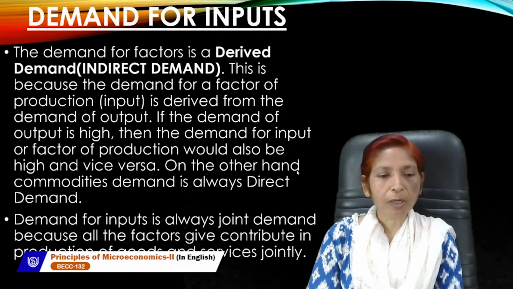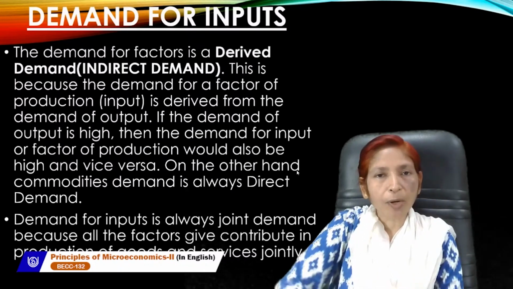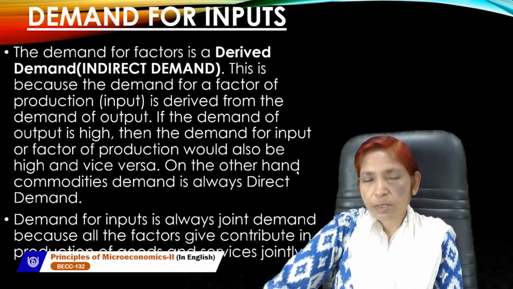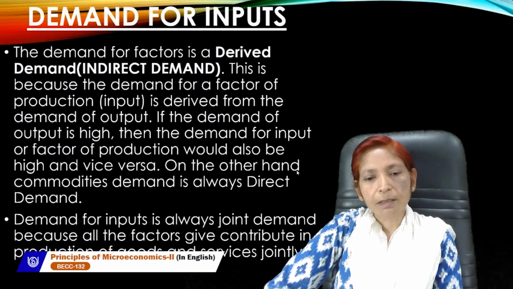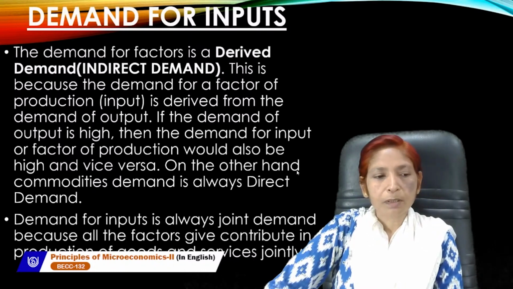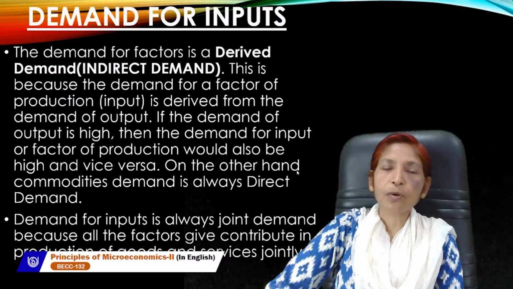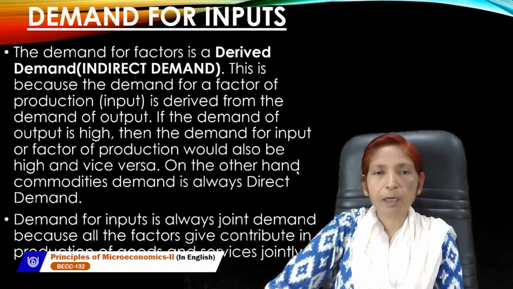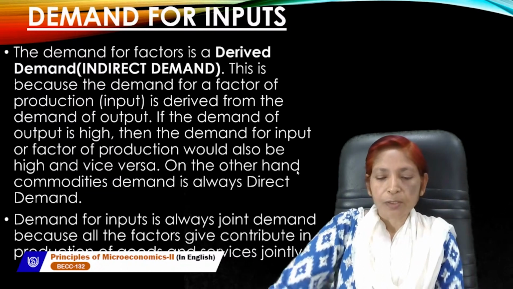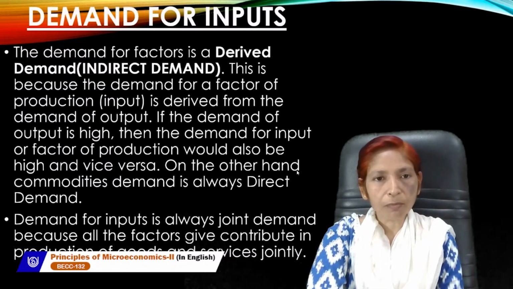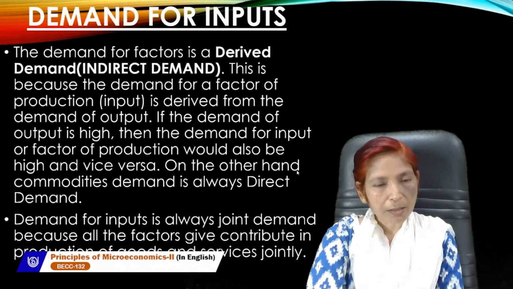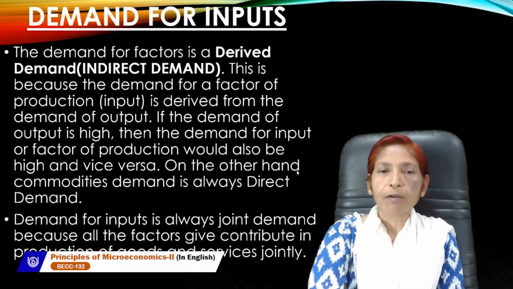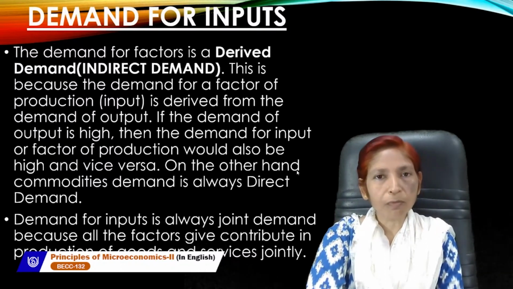So demand for input is always joint demand because all the factors contribute in the production of goods and services jointly, not independently. So factors demand is always derived demand, and second, factors demand is always joint demand.